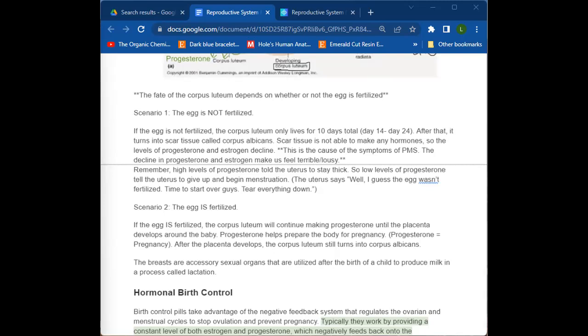Okay, and then the progesterone prepares the body for pregnancy. And then basically the placenta will take over and make the progesterone.